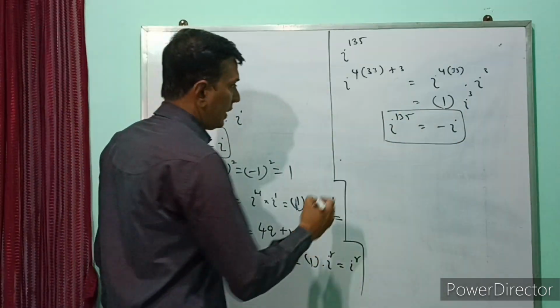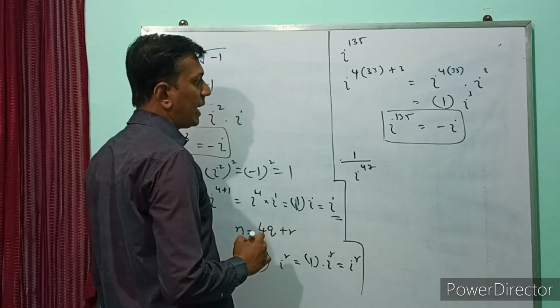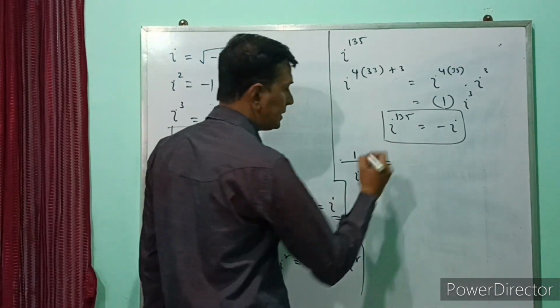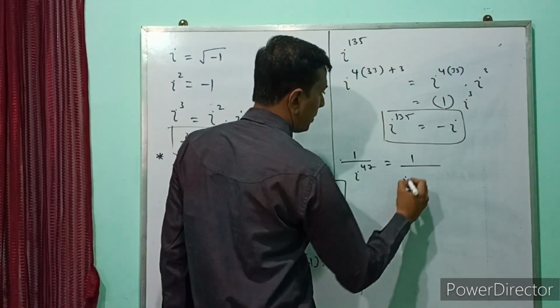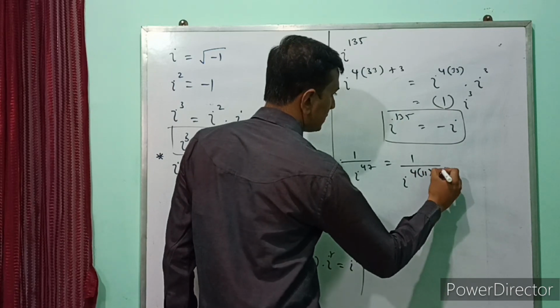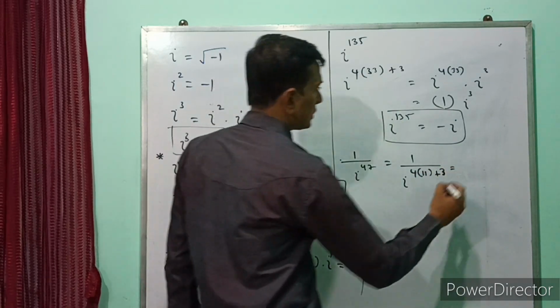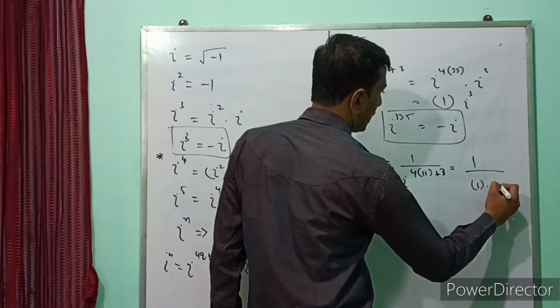Not only this one, if I take another example, 1 by i power 47, I can write it as 1 by i power 4 into 11 plus 3. That equals, since it is a 4 multiple, 1 into i cube.